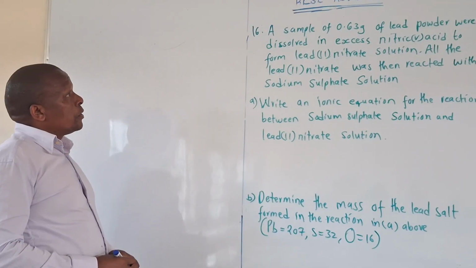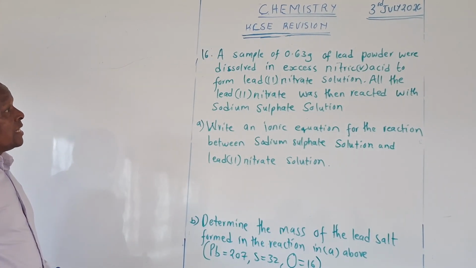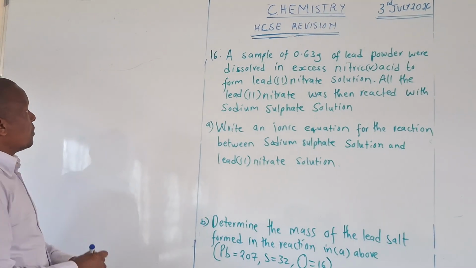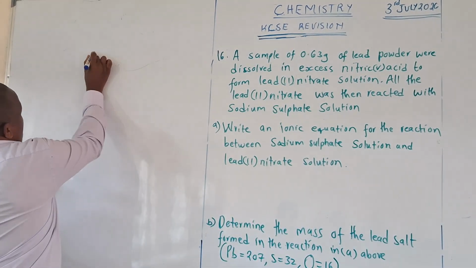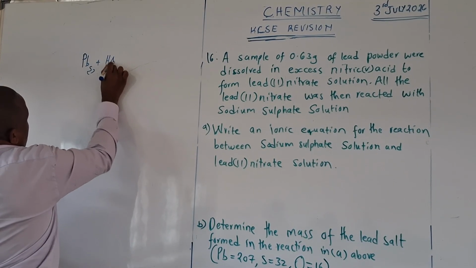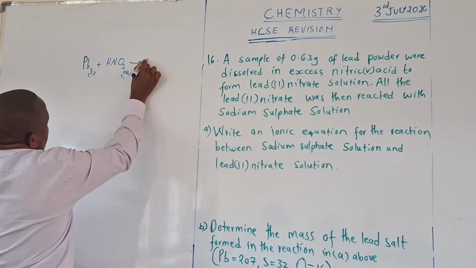A sample of 0.63 grams of lead powder was dissolved in excess nitric 5 acid to form lead 2 nitrate. Now that equation will be as follows: lead solid plus nitric 5 acid. What do you form?